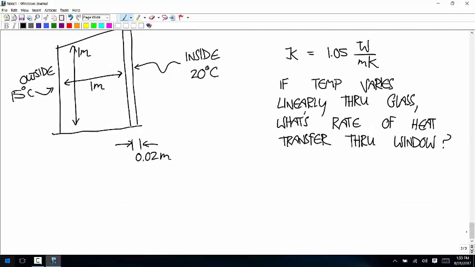Okay, well, let's sort of get our bearings here. So let's look at it from the side. This thickness is 2 centimeters.